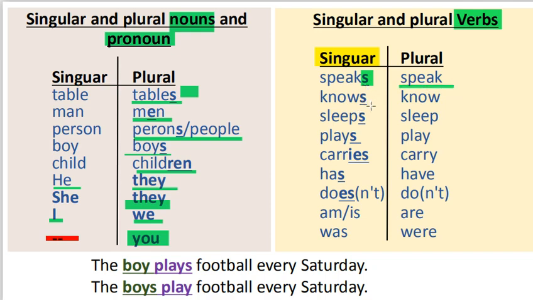Knows with S is singular, while the plural is know. The verb sleeps is singular, while the one without S, sleep, is plural. The verb plays is singular, while the verb play, the one without S, is plural.